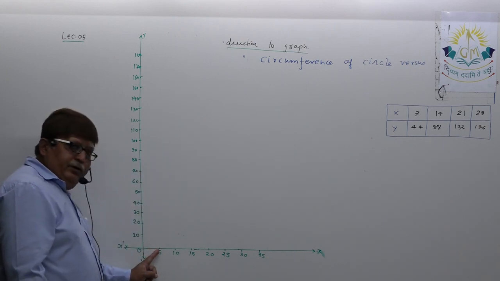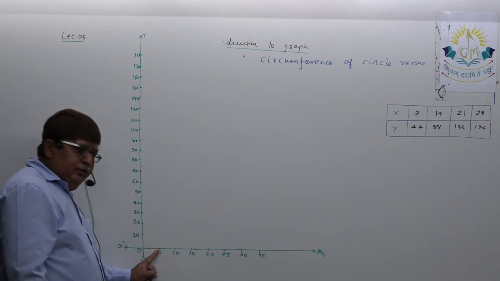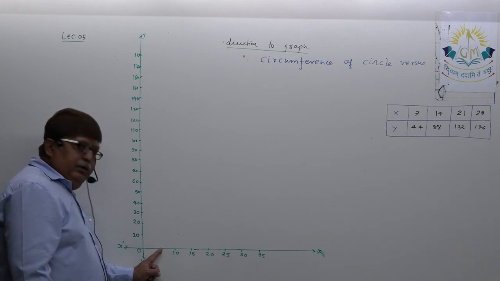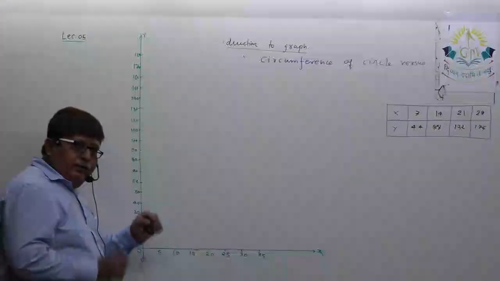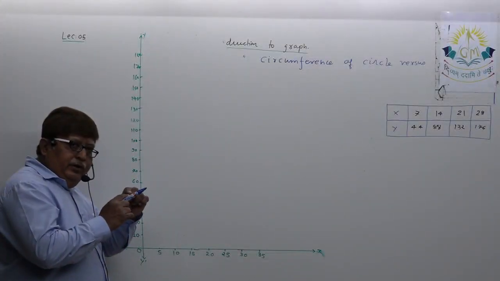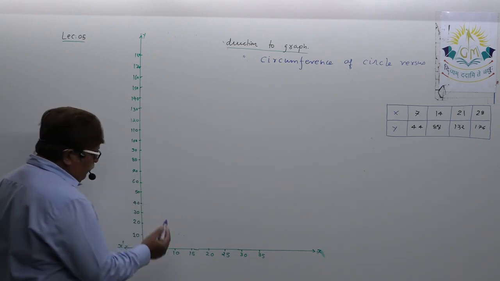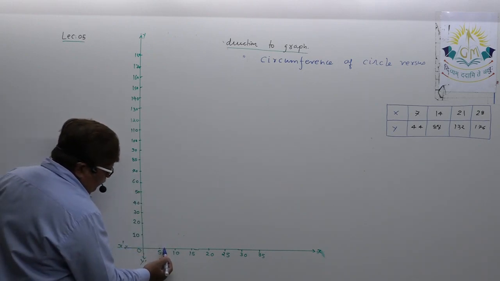So after 5, take 2 lines, that will be 6. More 2 lines, that will be 7. Means after 5 you count 4 small lines. Suppose this is 7.